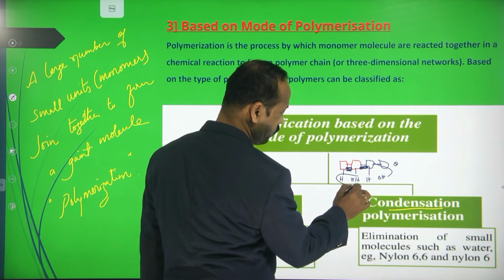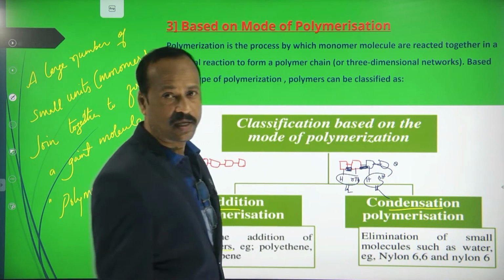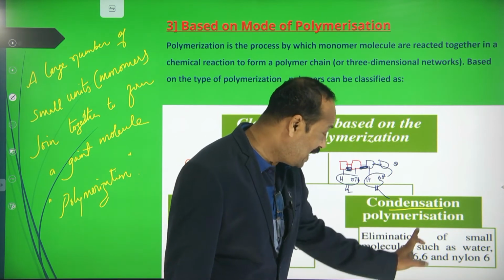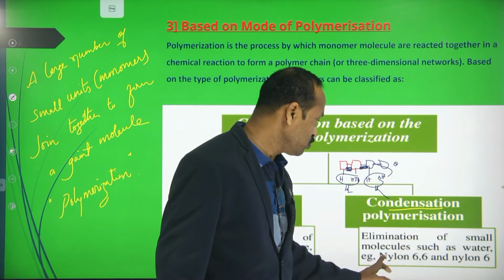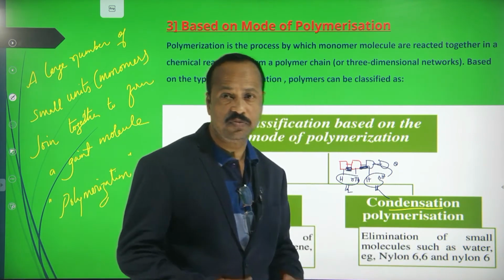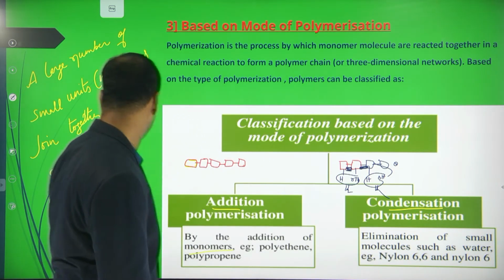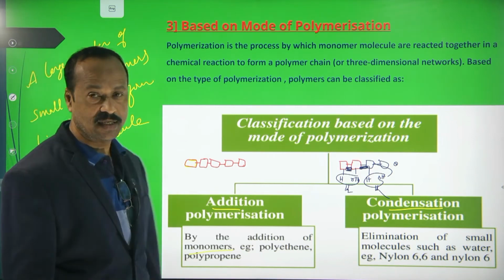So H and OH form water, H2O. In condensation polymerization there is elimination, which means removal, elimination of small molecules such as water, and the remaining parts will join. So that is called condensation polymerization. Is this clear to you?